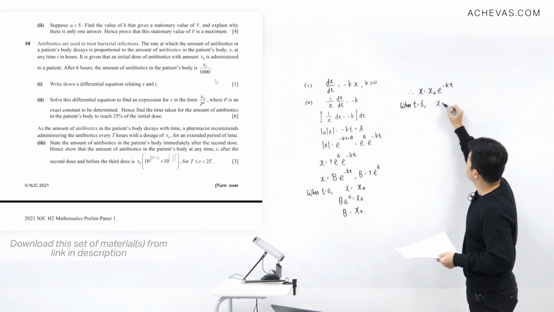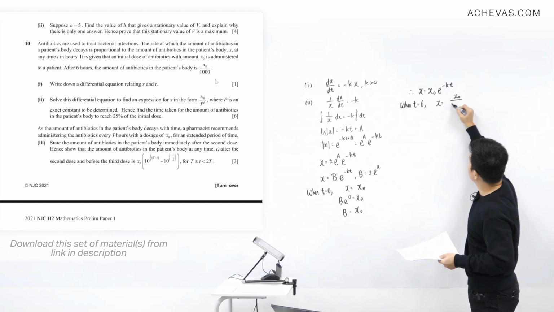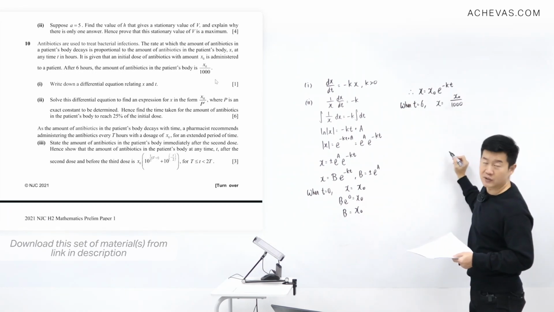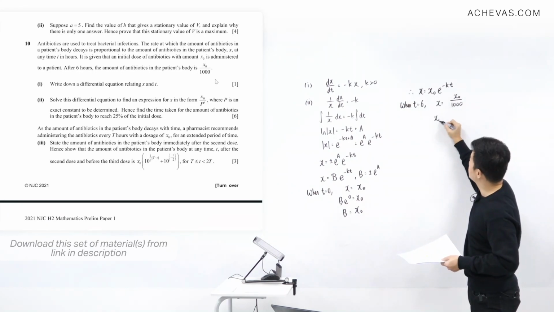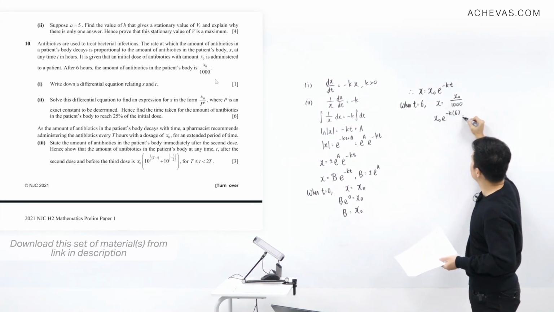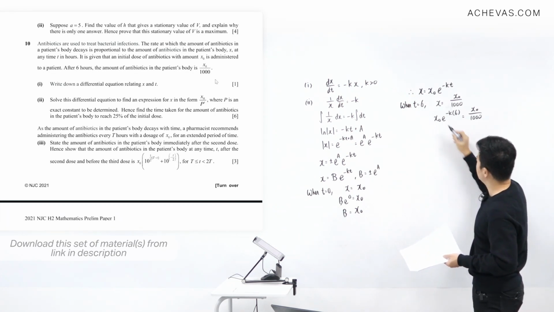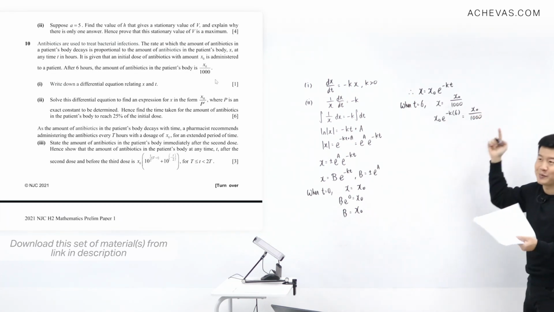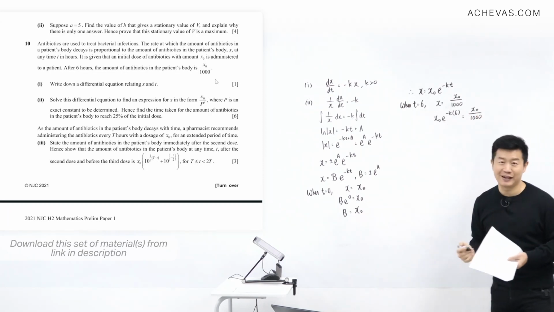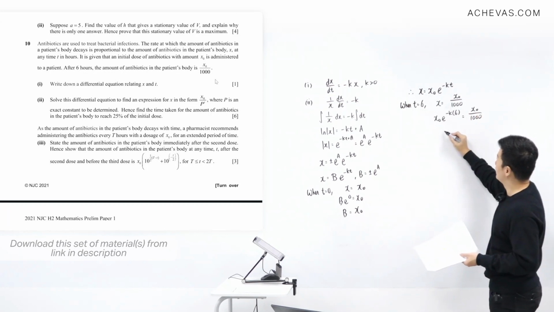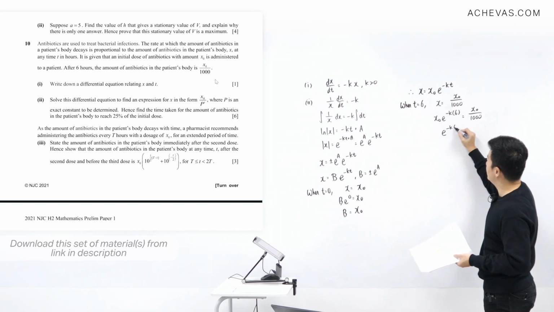So x is equal to x naught over 1000, which is x0 e to the power of negative k times 6. This is x naught over 1000. So anyway, x naught, they can be cancelled. I'm going to be left with this e to the power of negative 6k.